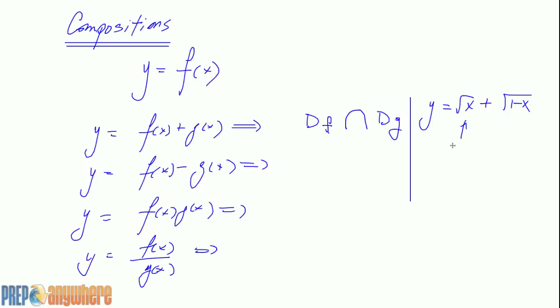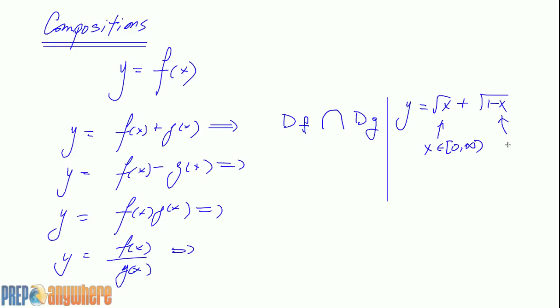The domain of the first is x from 0 to infinity, and the domain of the second is x less than 1. Graphically, it's like this: 0 to the right of 0, and 1 to the left of 1.